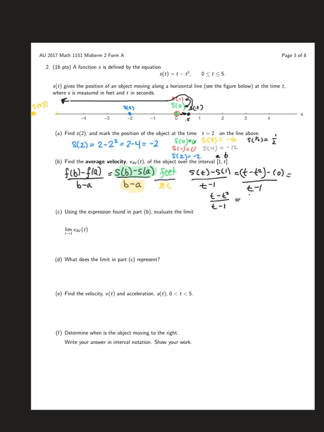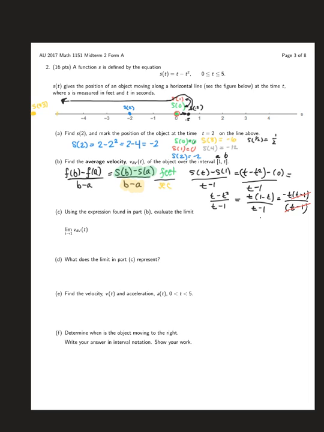I'm noticing in the numerator I can factor out a t, like this. And furthermore, I'm noticing that in the numerator I have a factor of 1 minus t, and in the denominator I have a factor of t minus 1. So if I factor out a negative 1 in the numerator, I'm actually left with the same factor in the denominator, leading these two factors to cancel out.